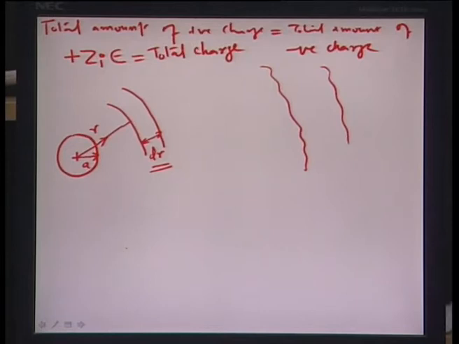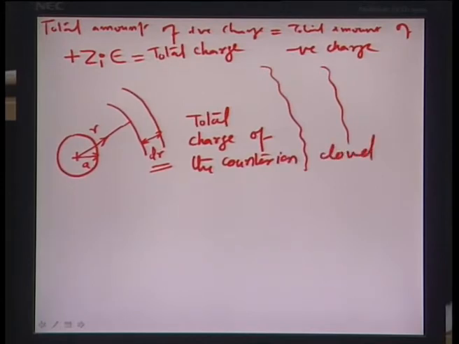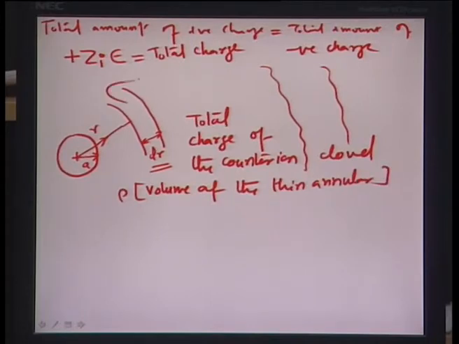Okay. So, the total charge of the counterion cloud would be represented as the charge density times the volume of this thin spherical annular.